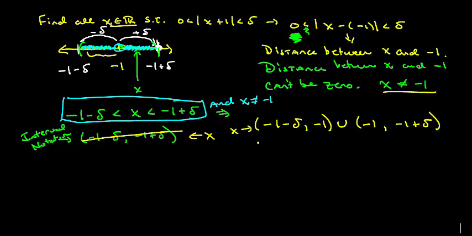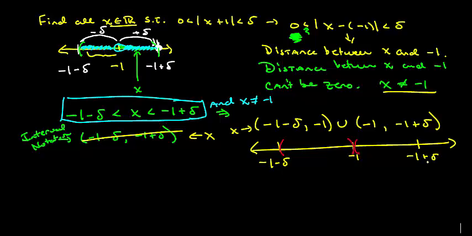If you draw a number line out, we have a left endpoint here at -1 minus delta. We don't include it. Then we go all the way up to -1, but we don't include that. And then we go from -1, again, not including -1, up to -1 plus delta.